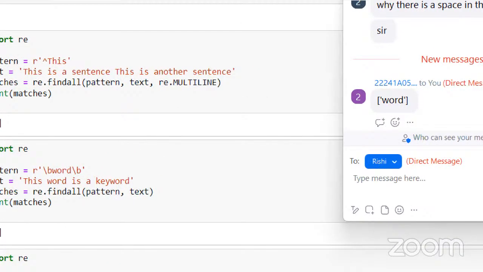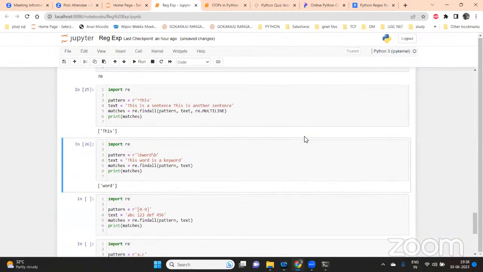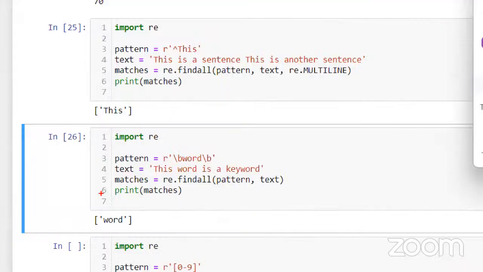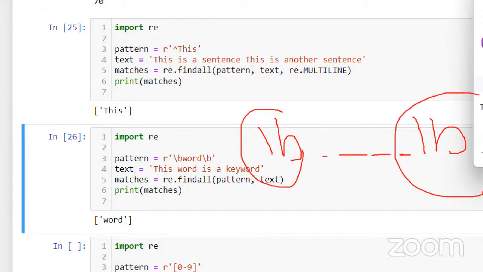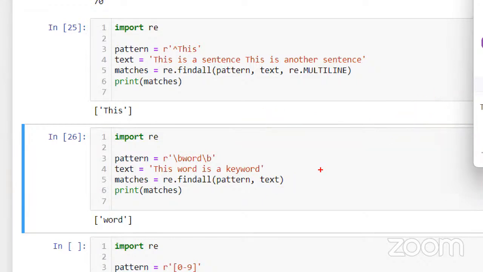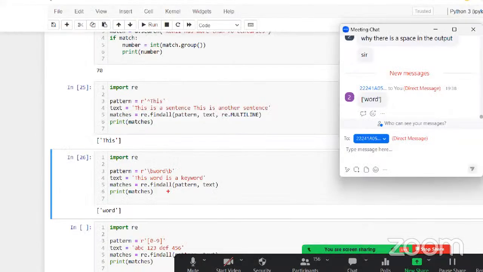Can you explain what is the meaning of \b in the beginning, \b in the end, and whatever you're doing in between? You should know the answer.